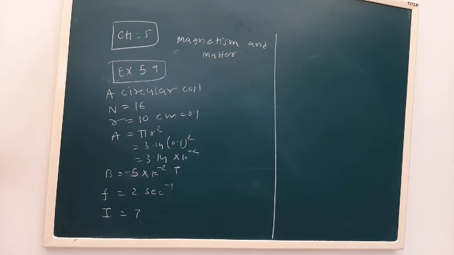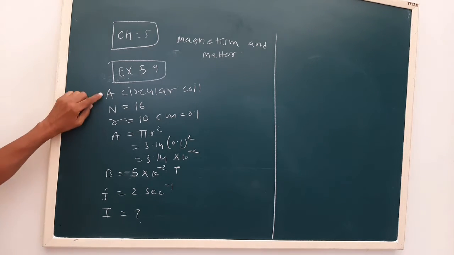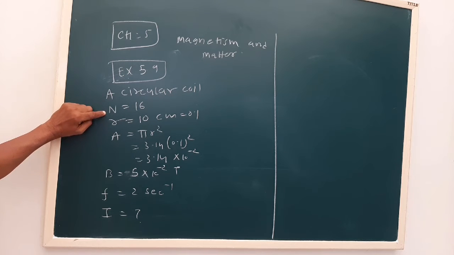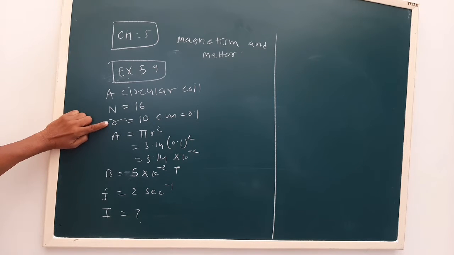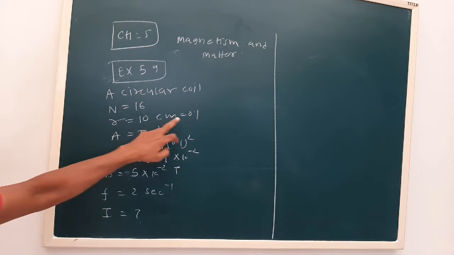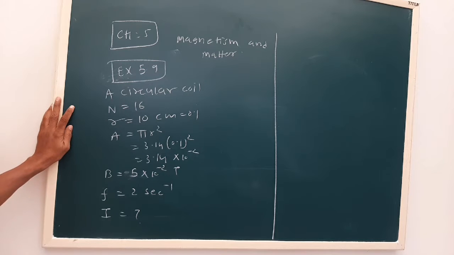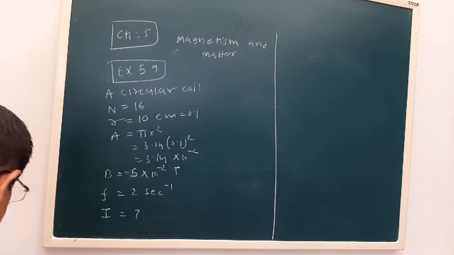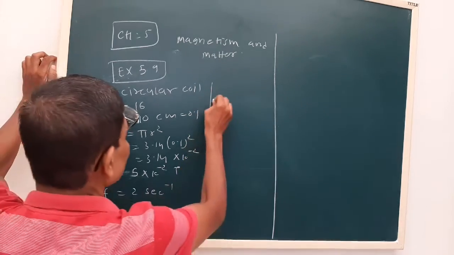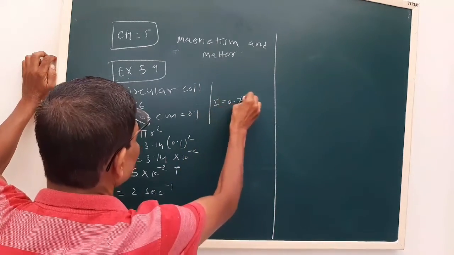Now see our formula. Circular coil is there, number of turns are there, radius is given, so we can find out the area using area is pi r square. From this we can find out the magnetic dipole moment, m is equal to I into A. The current value is 0.75.